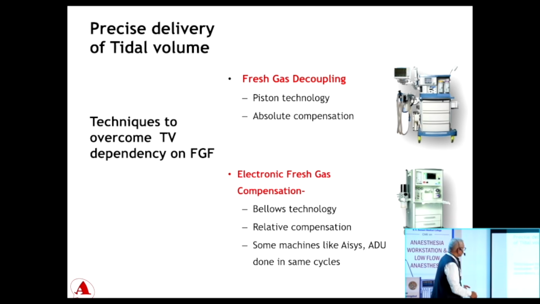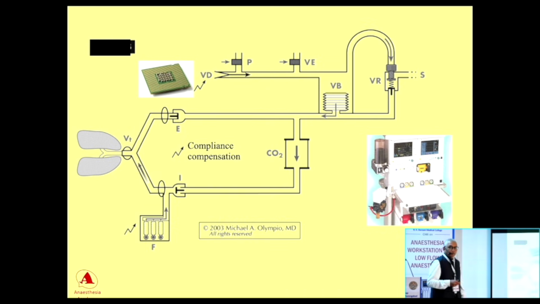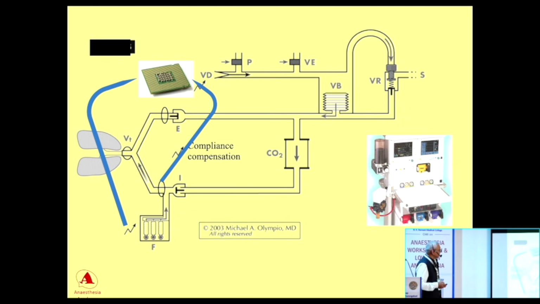While with fresh gas decoupling, where there is no mixing in inspiration, it is called absolute compensation. So we have two technologies, fresh gas decoupling and fresh gas compensation. Some newer machines have multiple sensors and they sense every very short time frame, every 40 milliseconds.